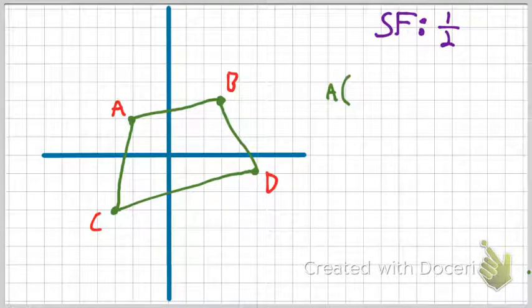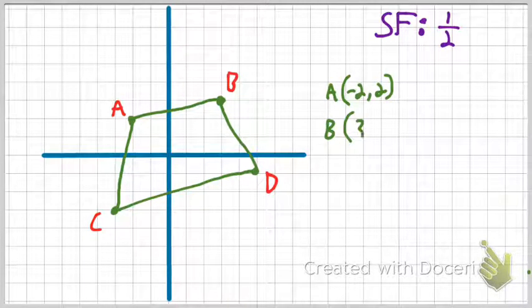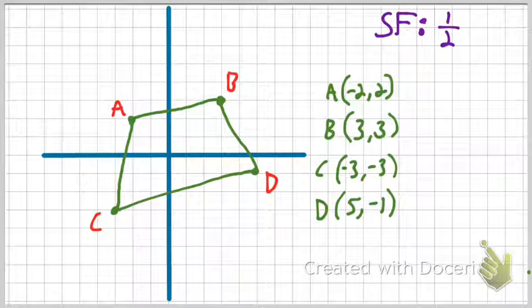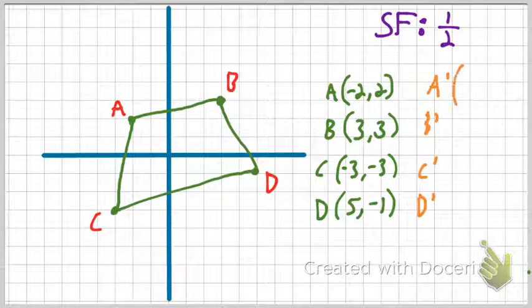All right, so got to write down all the coordinates. We got A, which is negative 2 and 2. B, which is 3 and 3. C, which is negative 3 and negative 3. And D, which is 5 and negative 1. So now for our new shape, I just got to cut all these in half.